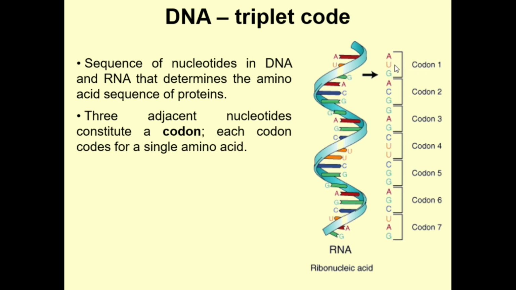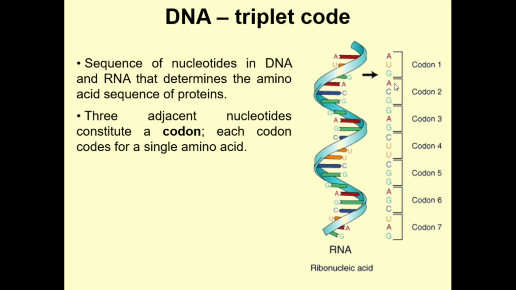And these 3 specific nucleotides in this arrangement, A, U, and G, will represent a particular amino acid. So this will tell the machinery of the cell, particularly that organelle called the ribosome, that when it's making its protein, it needs to put the amino acid that is coded for by this sequence of nucleotides first. And then it will read the next 3 nucleotides. So in this case, we've got A, C, and G. Well, A, C, and G will relate to a particular amino acid.